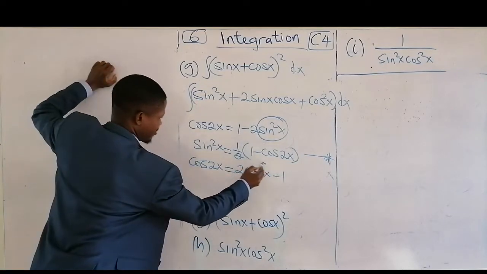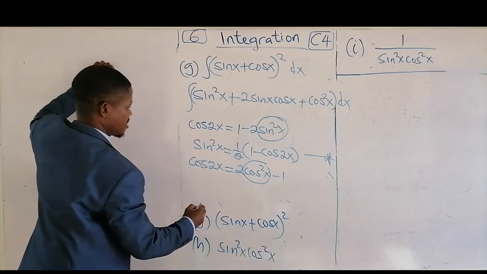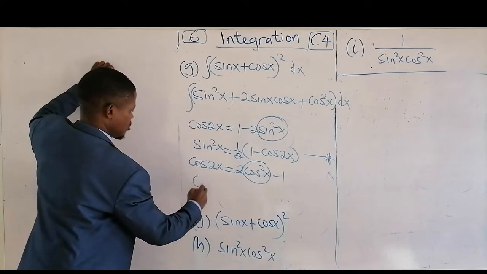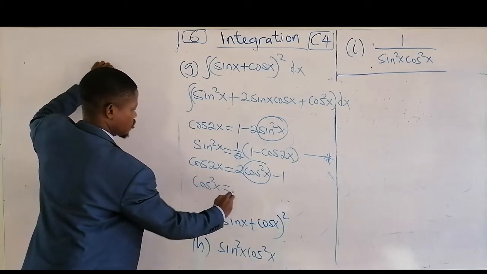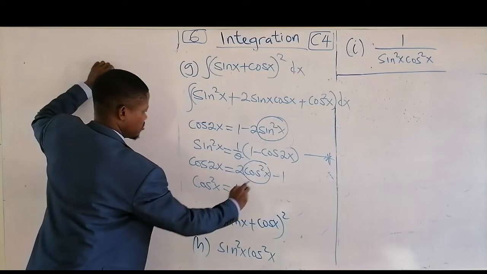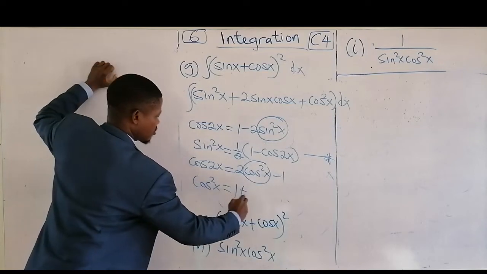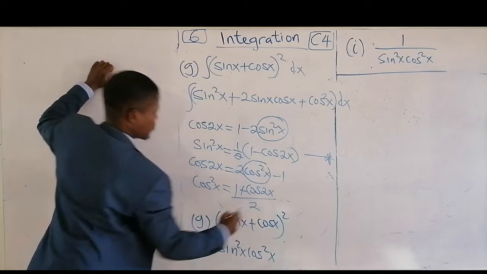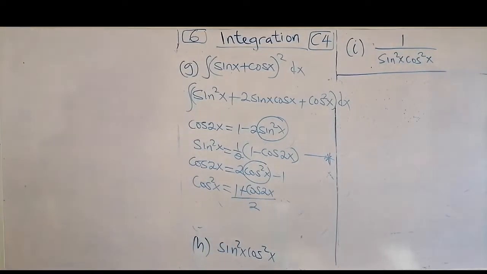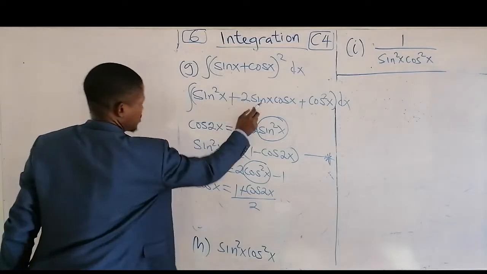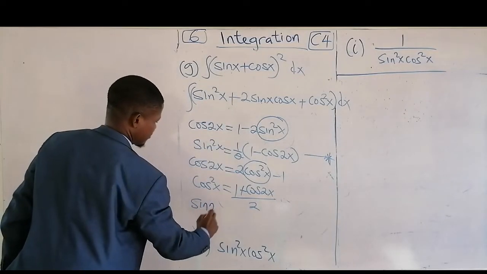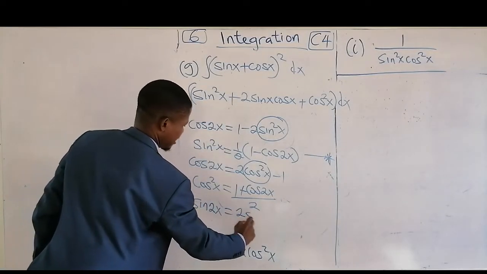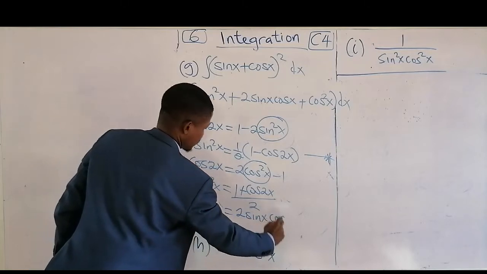We should also note that cos 2x is also equal to 2 cos squared x minus 1. So we can make this one the subject, and that will be cos squared x is equal to, move this one to the other side, 1 plus cos 2x over 2. Then another one again is sine 2x is equal to 2 sine x cos x.